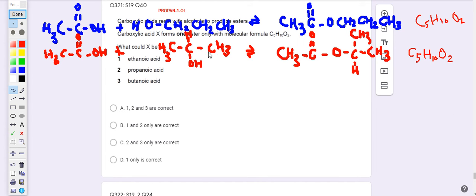Okay, so ethanoic acid can form 2 types of ester with the formula C5H10O2 because of the variety of alcohol that we can use. So ethanoic acid cannot be the answer because it gives us 2 different esters.